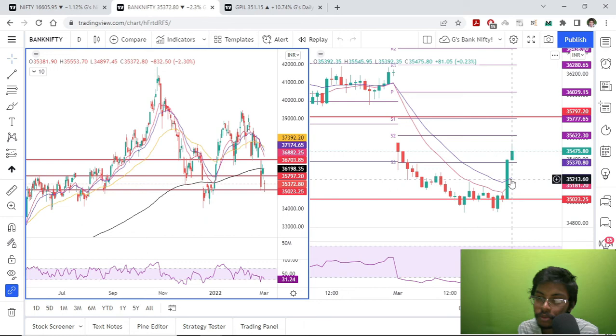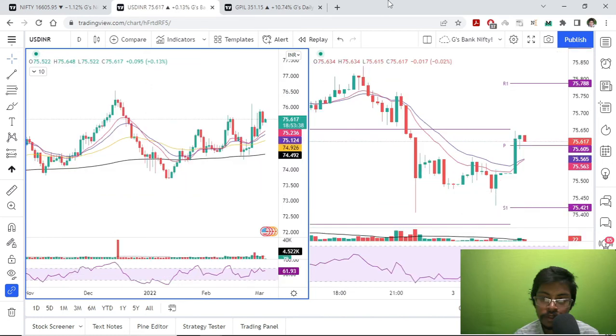So yes, there are multiple factors, but this is one of the very simple or very minimal factors that you can take note of when you are trying to trade the USDINR pair as such.